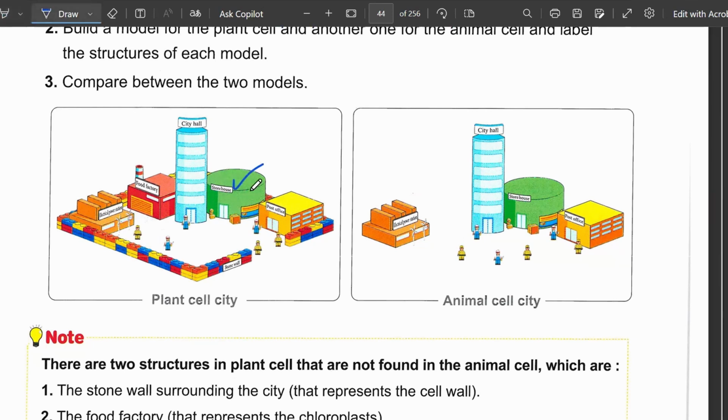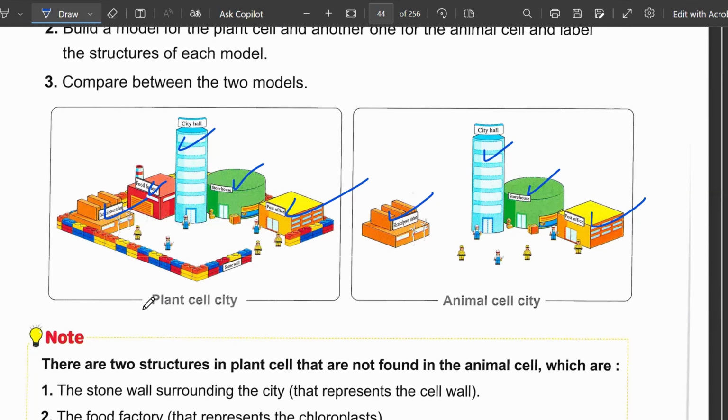A storehouse is found in this figure and found in this one. City hall, post office, electric power station, food factory, not found in this figure. So I think the food factory is like chloroplasts in cell. So this figure is a plant cell because plant cell only has chloroplasts.